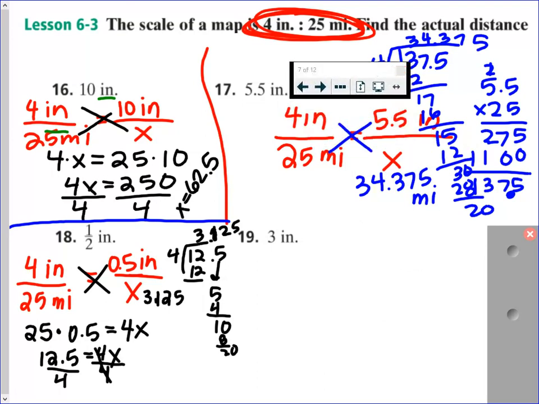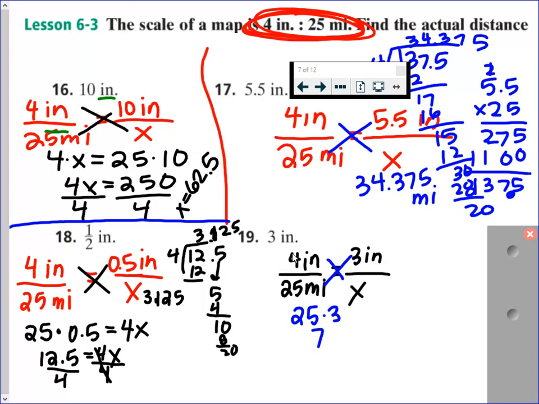Last one. 4 inches, 25 miles, 3 inches. 25 times 3. Ooh! I love when they're fast like that.